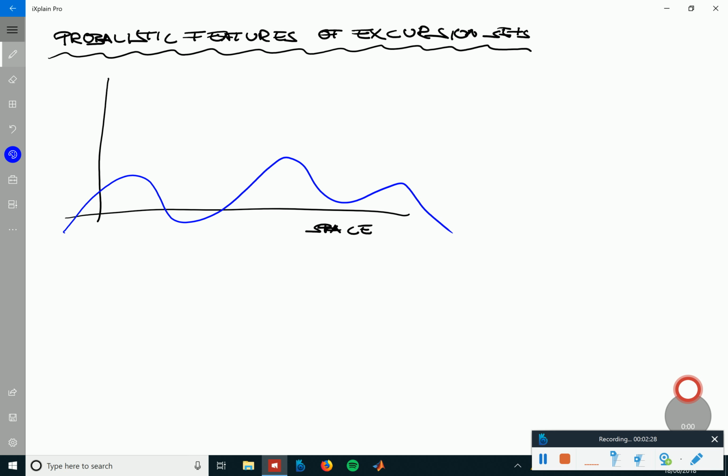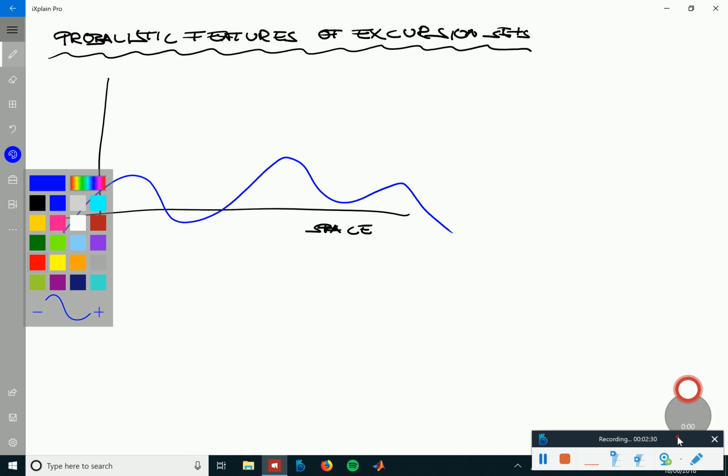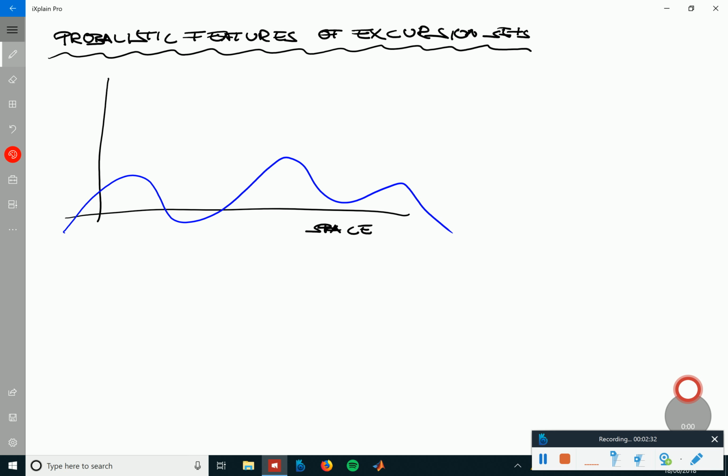I'm not really getting better at drawing these realizations. And we still consider a threshold value u, or a level, which defines the excursion set.